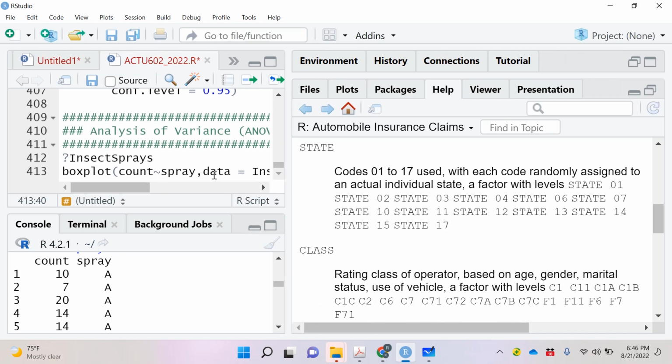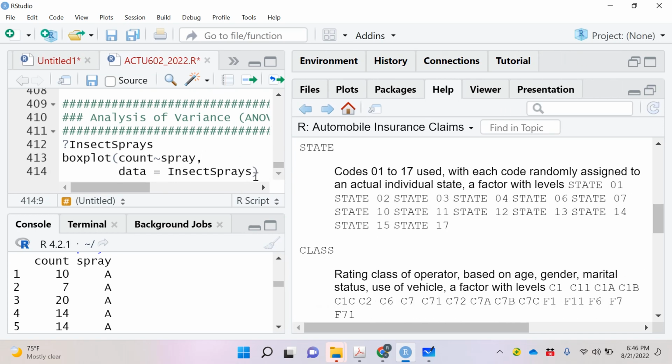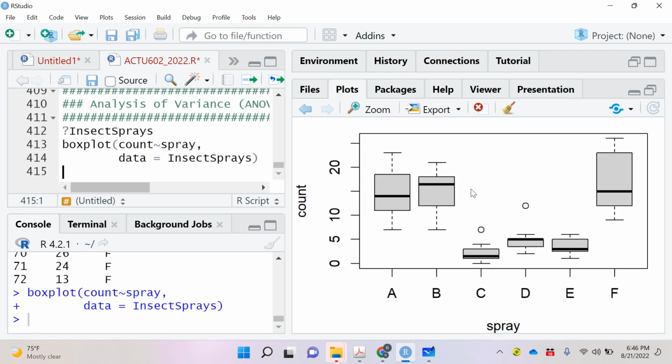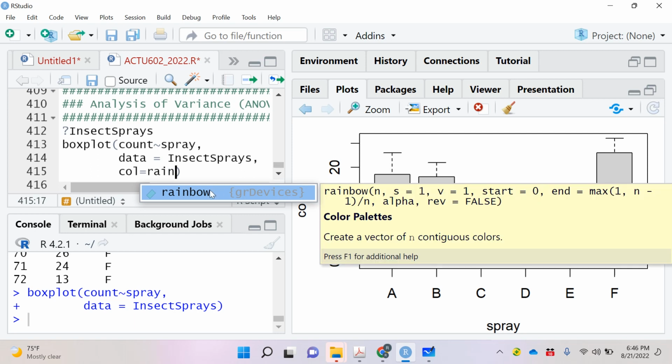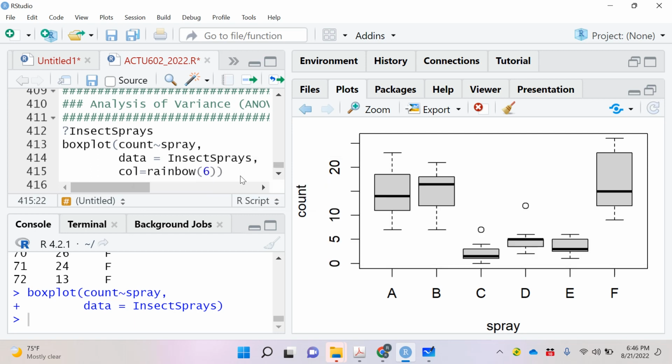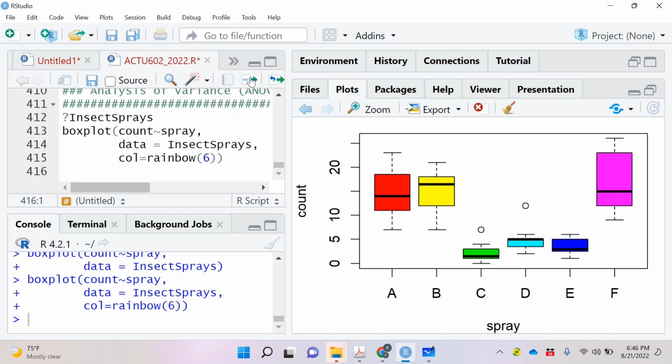You can use this to get a nice box plot showing all the categories in this data. You can even color it, right? I can choose colors from the rainbow, 6. Then I do it again. I'm choosing random colors from the rainbow, so yours may be different.